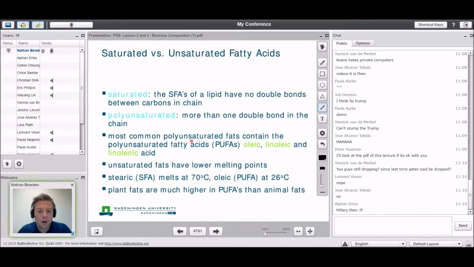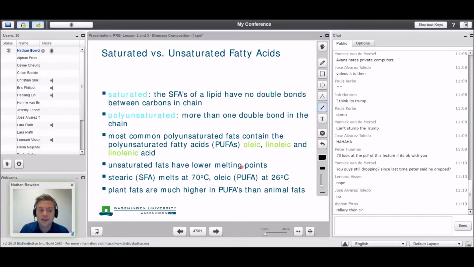Most common polyunsaturated fats, or PUFAs, contain the polyunsaturated fatty acids oleic, linoleic, and linolenic. Sorry, it's difficult to say. Unsaturated fats have lower melting points. So if it's unsaturated, it has a low melting point.